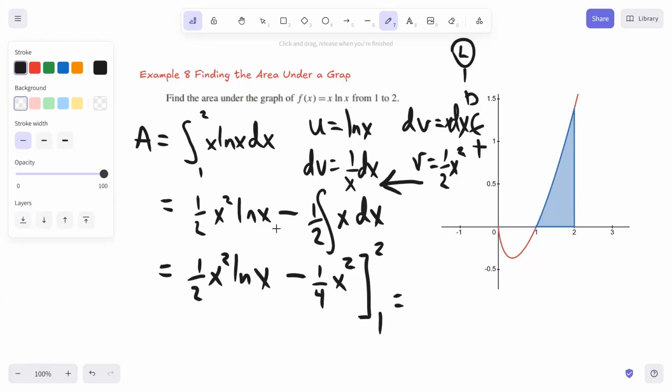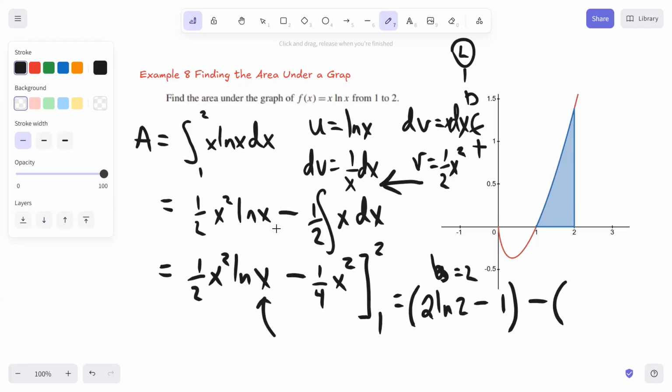So I'm using method 1 here. If I plug in 2, I would have 1/2 of 2 squared times natural log 2. So that'd be 1/2 of 4, so 2 natural log 2, minus 1/4 of 2 squared, which is 1. So that's the function evaluated with b equals 2, and then minus the function evaluated at 1.